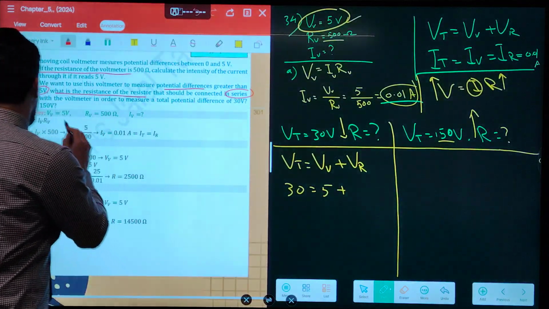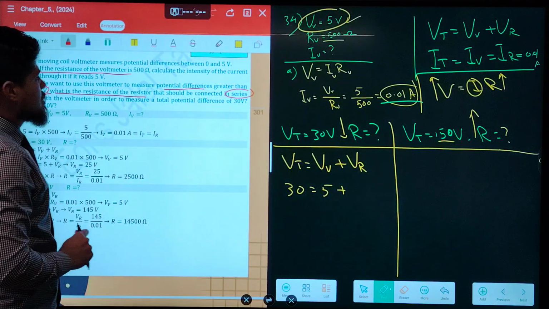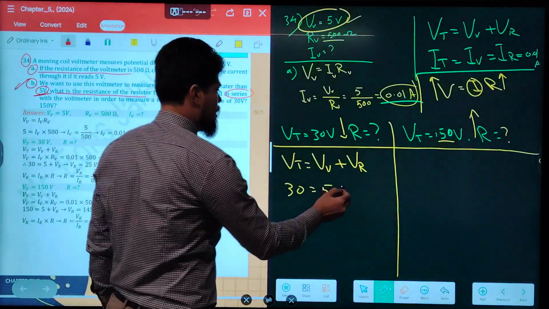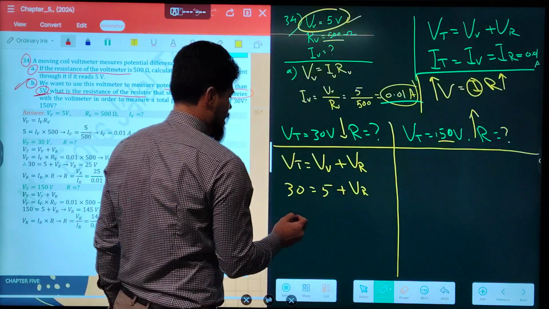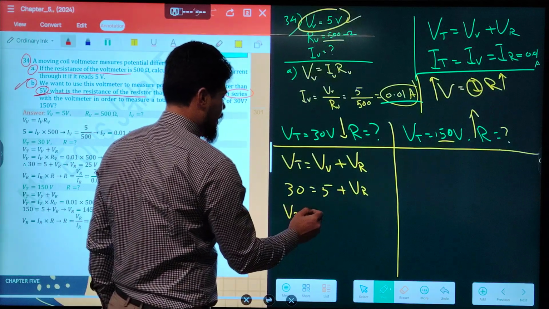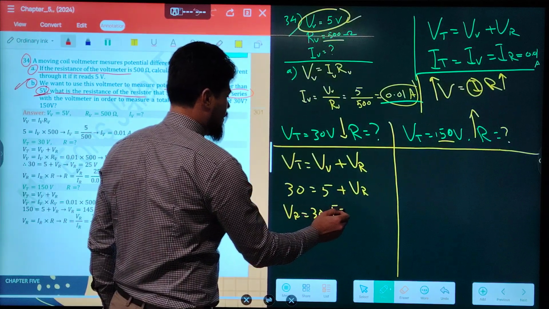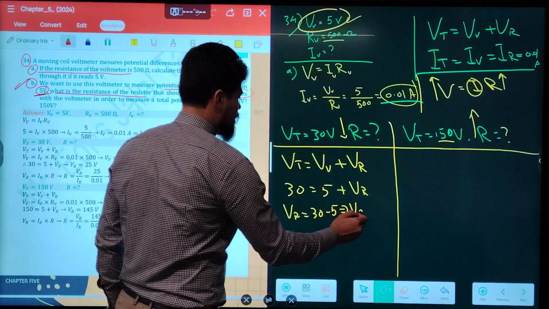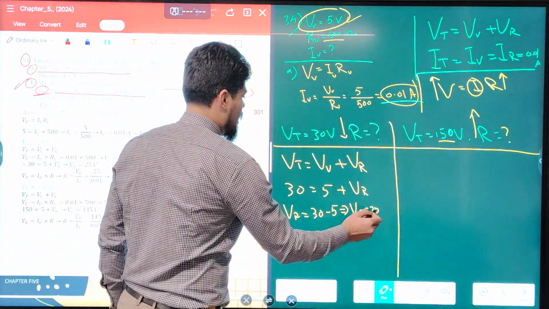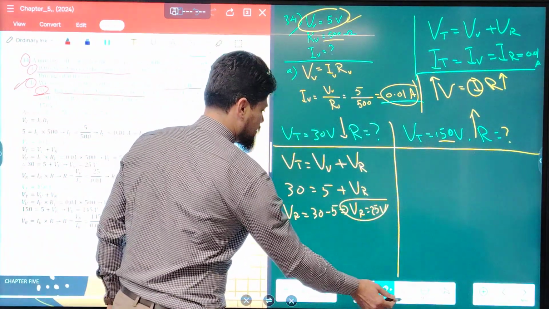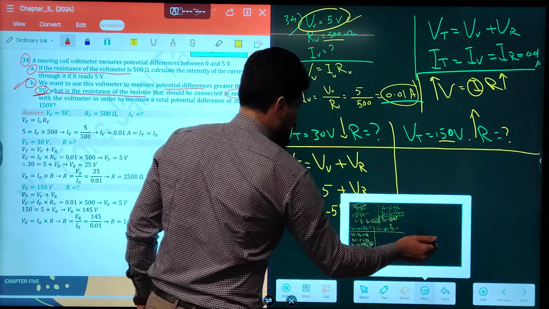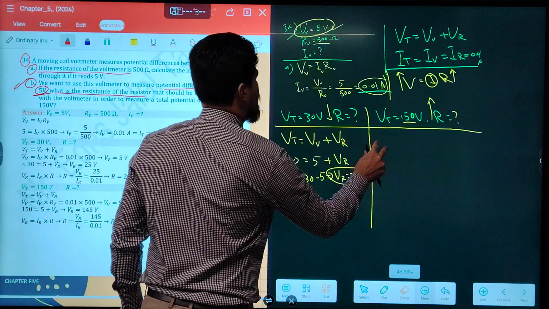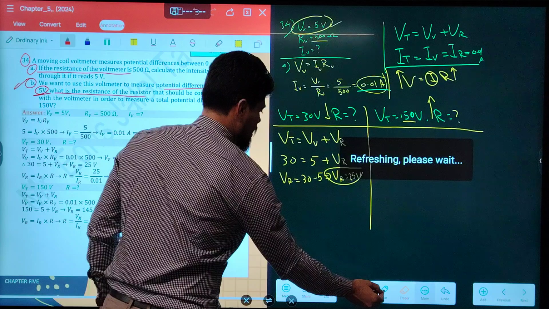And also it was mentioned here, the potential difference across the voltmeter is 5 volt. VR, we don't have. VR is equal to what? Rearrange: 30 minus 5. VR is equal to 25 volt. Okay? VR is equal to what? 25 volt.